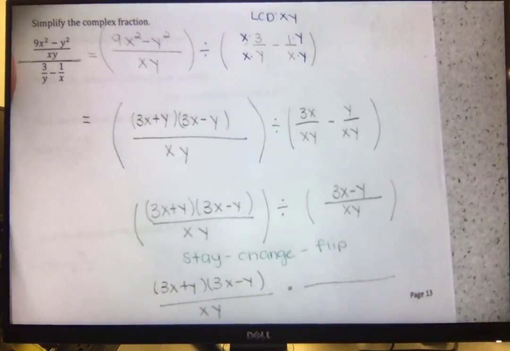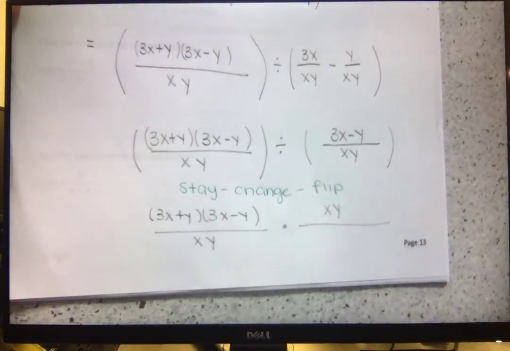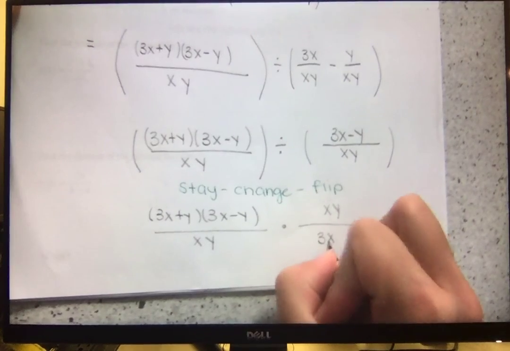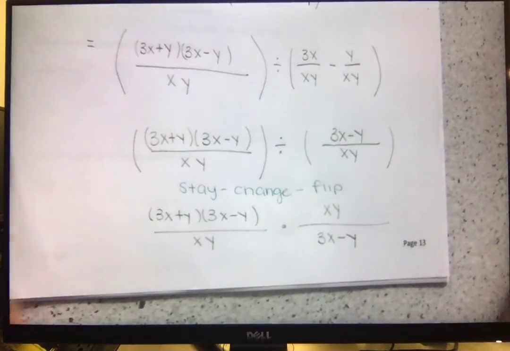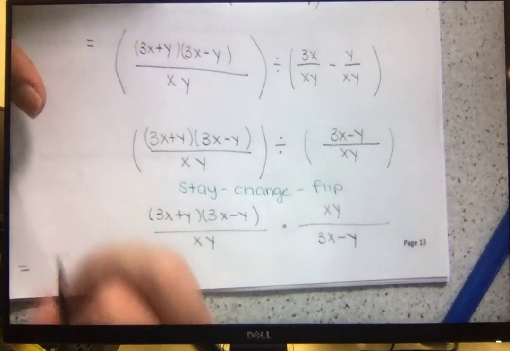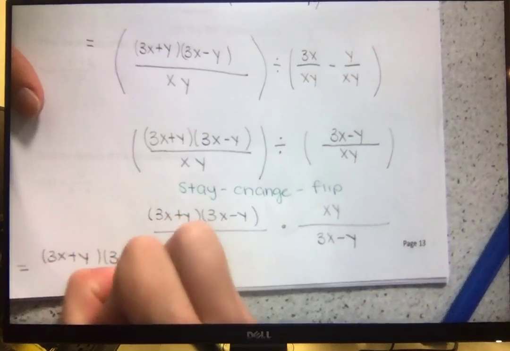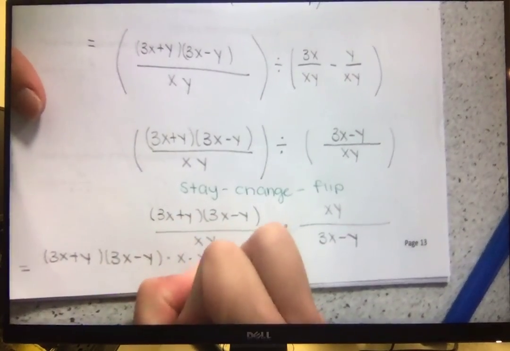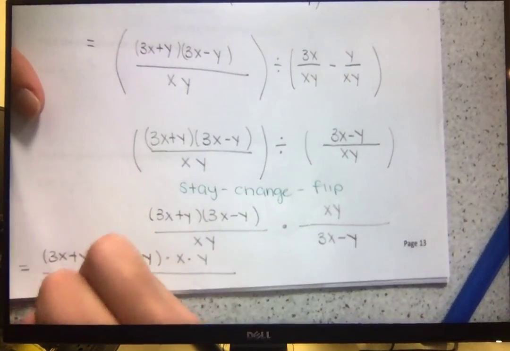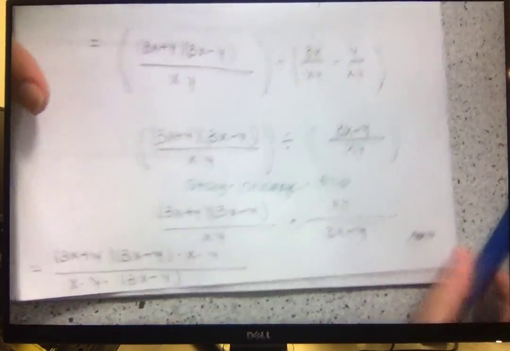Changing our operation from division to multiplication, we're going to flip that second fraction, so xy all over 3x minus y. We are dividing so we can multiply straight across. If you want to simplify here, go for it. 3x plus y times 3x minus y times x times y all over x times y times 3x minus y.